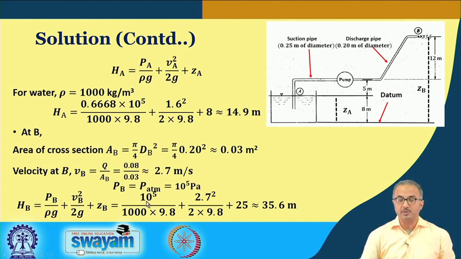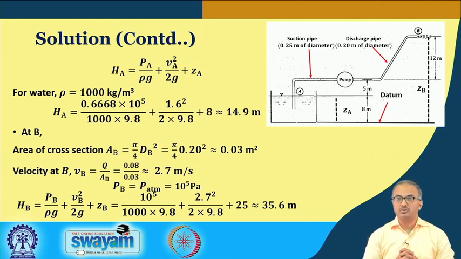Here we put 10 to the power 5 atmospheric pressure, and we divide this by the density of water, and g value is 9.8, and the velocity at point B is 2.7, and again we put this V square by 2g plus 25, we get the total head at point B. So, this is how we are able to find out the total heads at these 2 points.